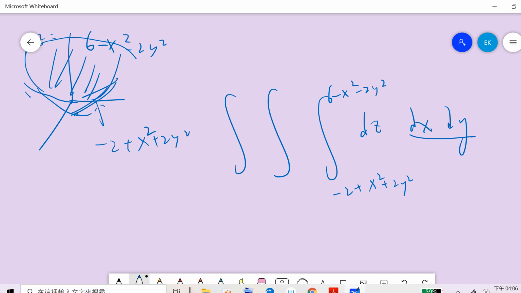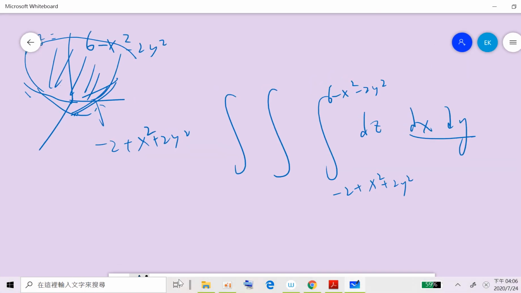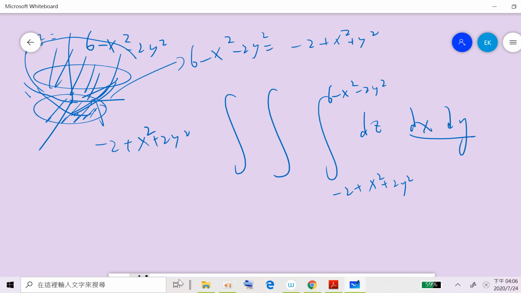And for x and y, the condition is that the underlying area for x and y is x squared plus 2y squared. You just change this into this way, and it equals, or is smaller than, 4. Right, so this is the integrand.